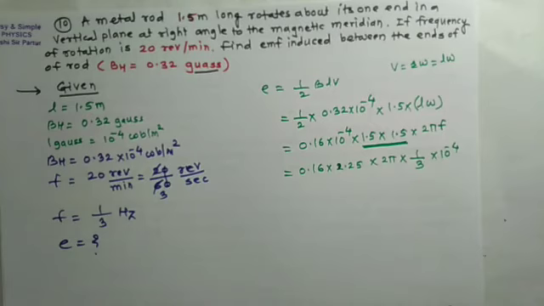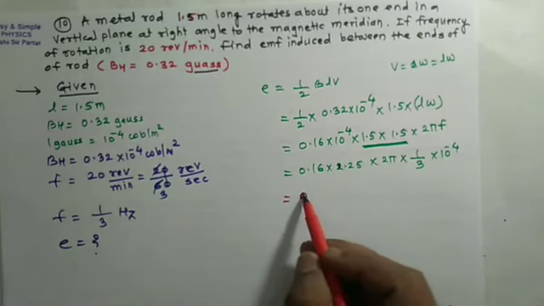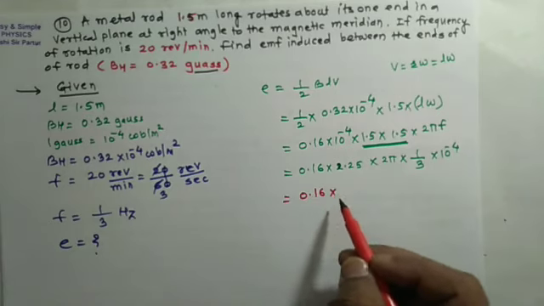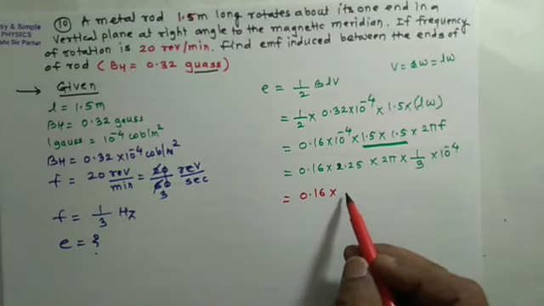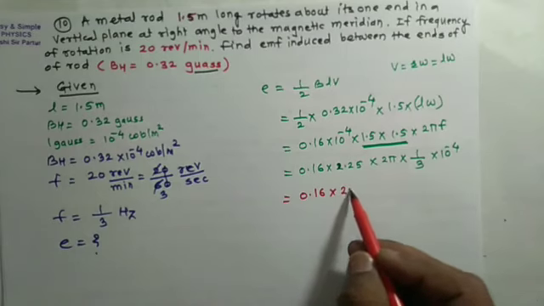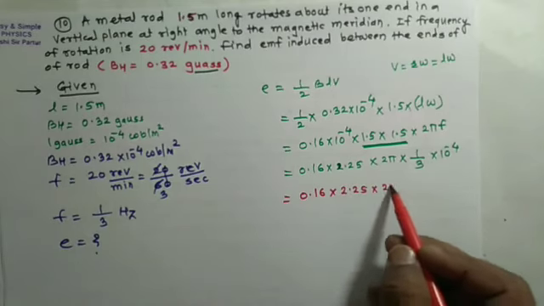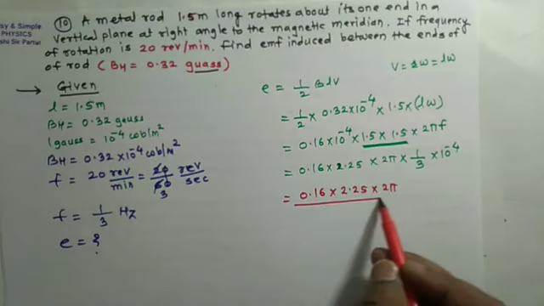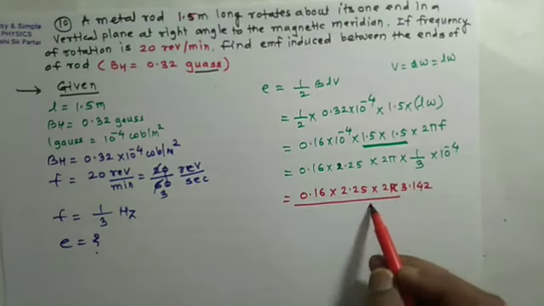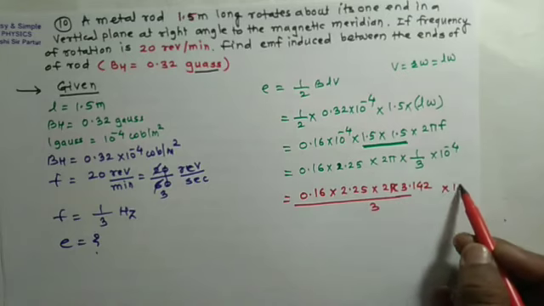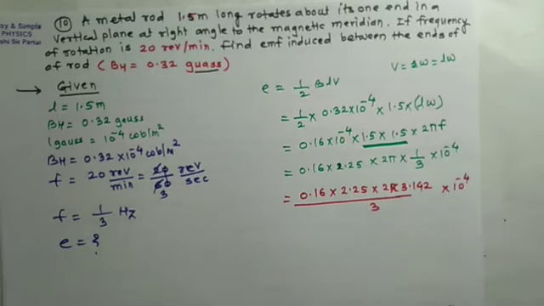So here the values will be 0.16 multiplied by 2.25 into 2 into 3.142 upon 3 into 10 to the power minus 4.